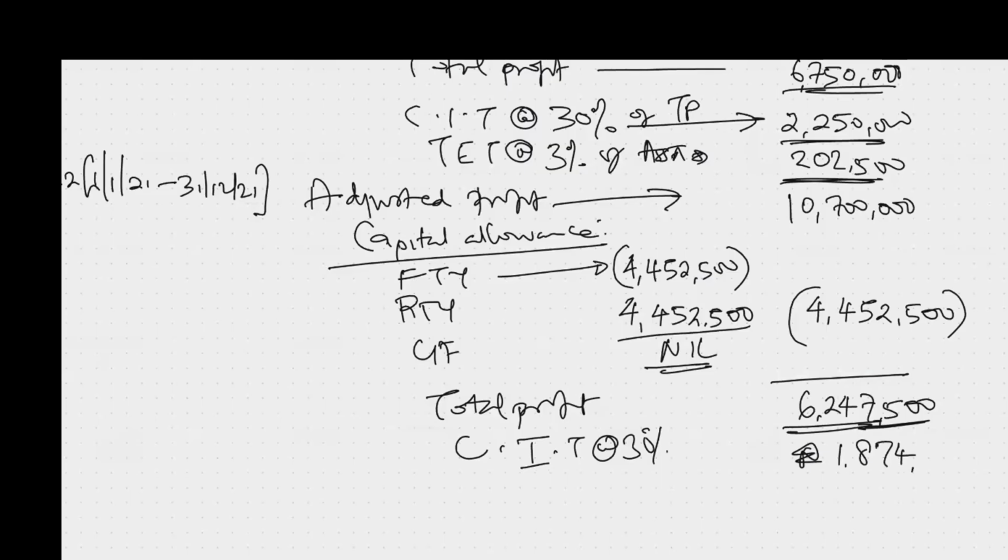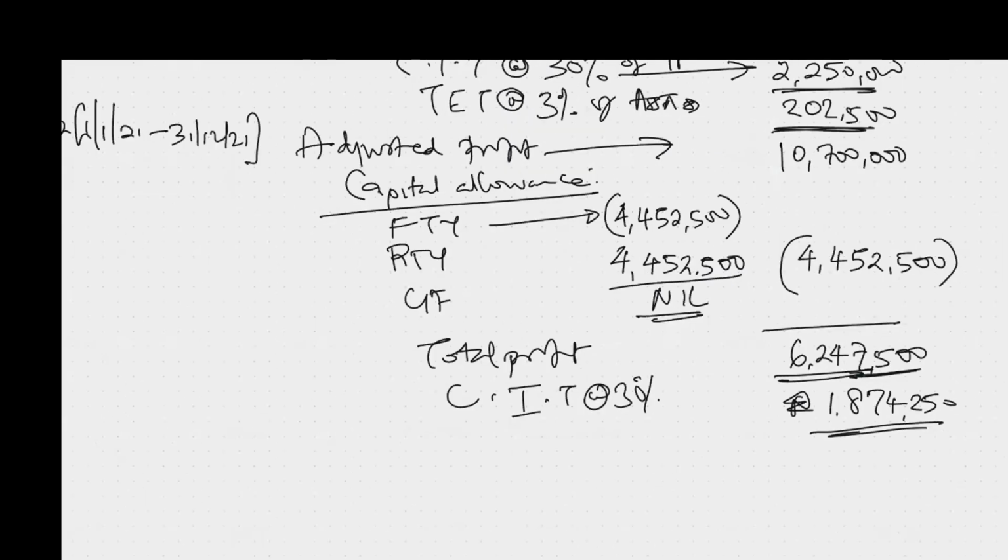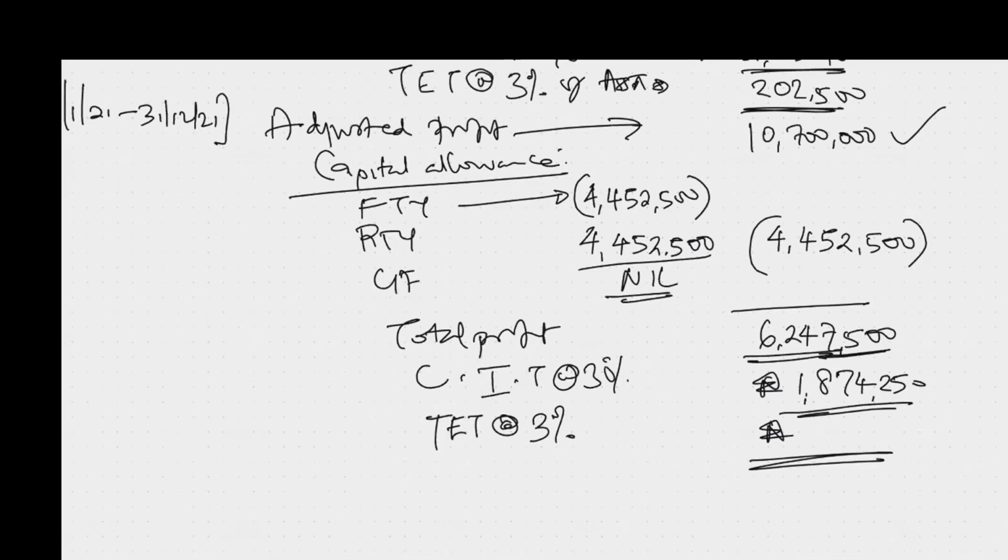On the profits, calculate 3% of your adjusted profits. 321,000.